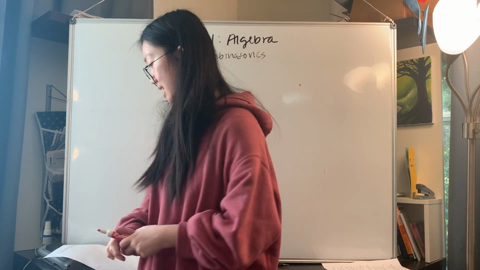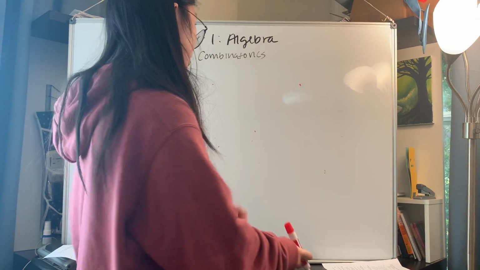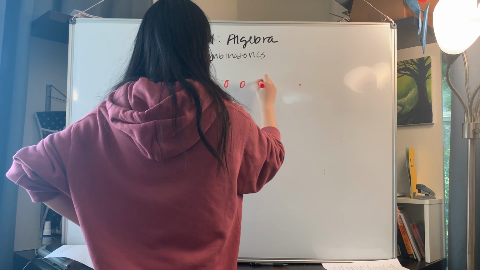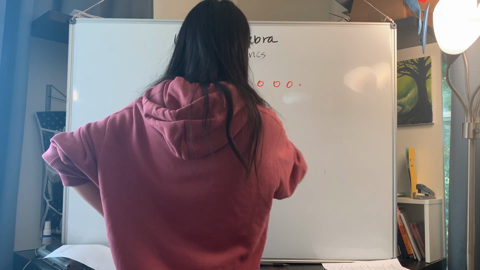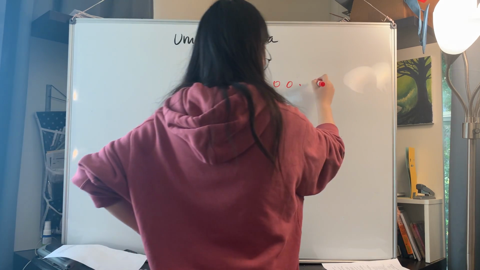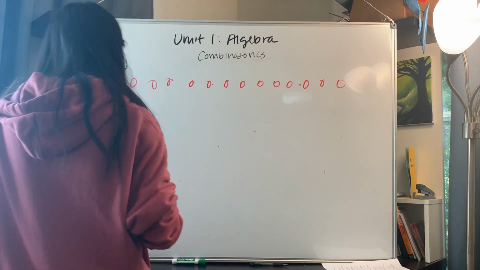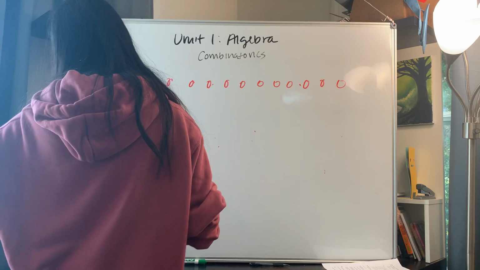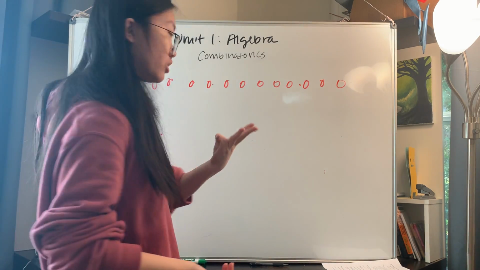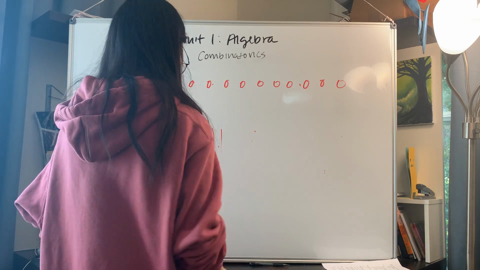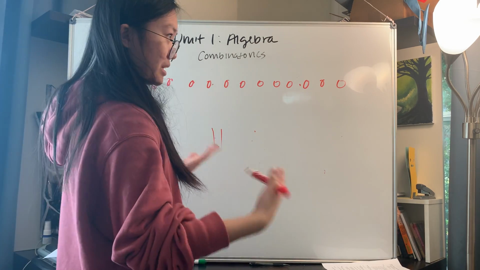We're trying to get a sum of 13, so I'm going to draw 13 pebbles. 1, 2, 3, ... 11, 12, 13. So these are 13 pebbles, and we have to draw 3 numbers total, which means we're going to have 2 sticks.